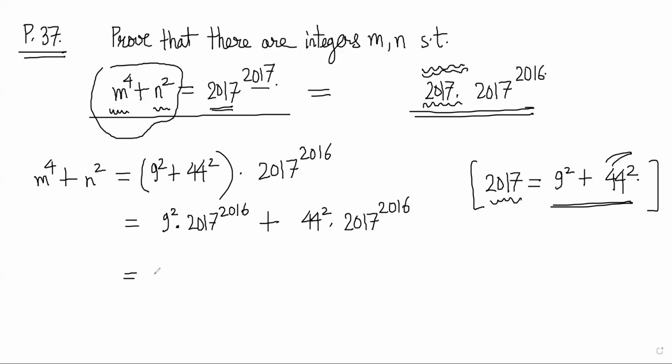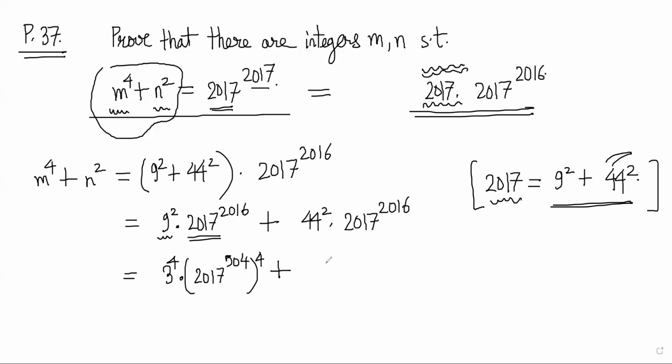And now if you think about it, 9 square is 3 to the power 4, right? And 2017 to the power 2016 is like saying 2017 to the power 504 whole to the power 4, right?